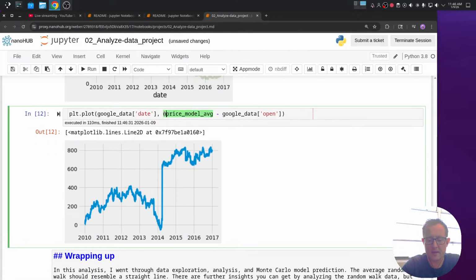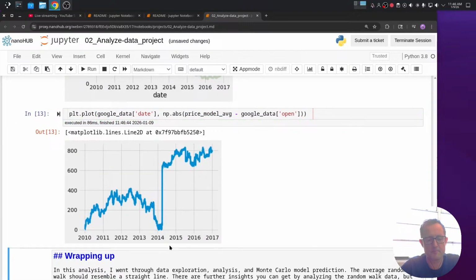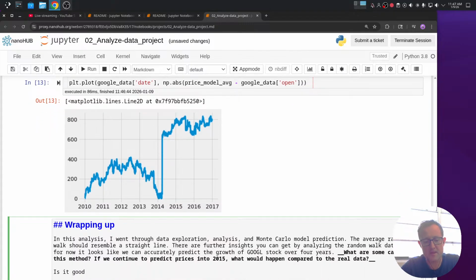And if I want, I could look at absolute value, because I don't really care if it's plus or, well, I guess better to be more than less. So in 2014, for the first few months, the error is less than $20 to $30.